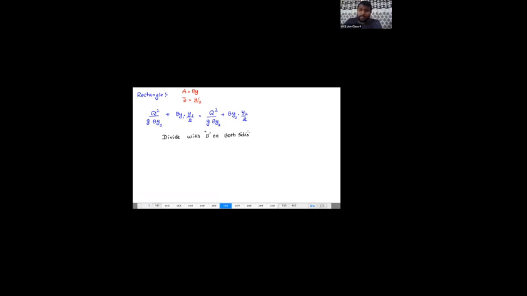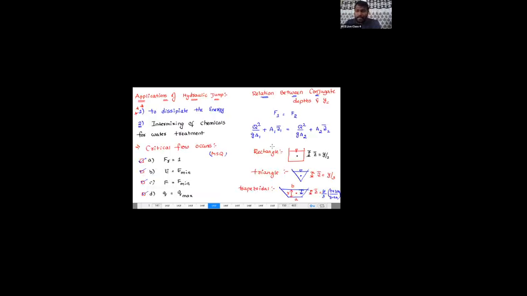This derivation is very, very important because I am deriving it for the rectangle, and if they ask, you have to do it for the triangle also.